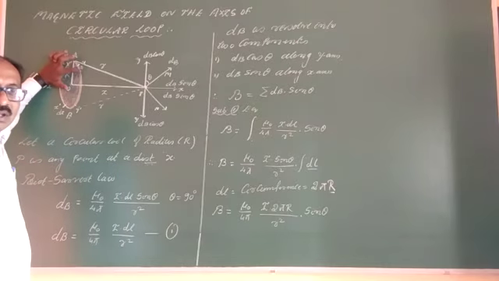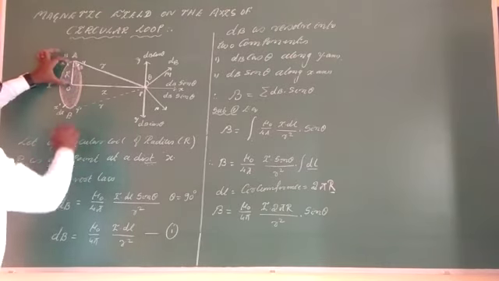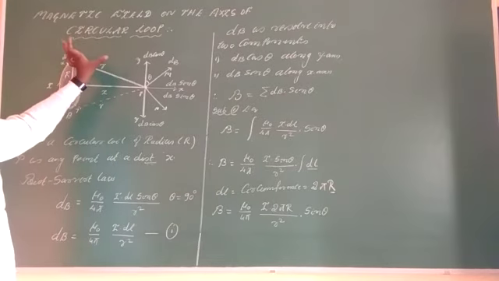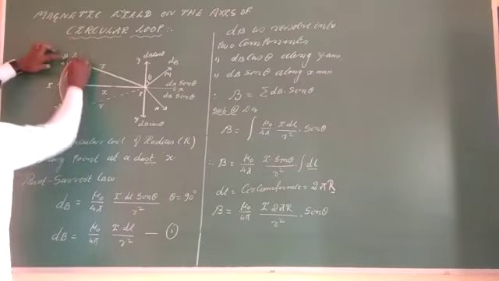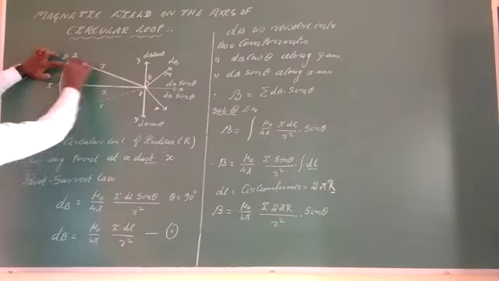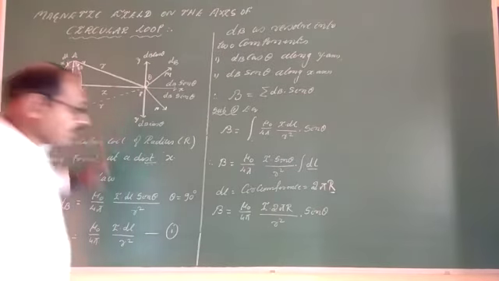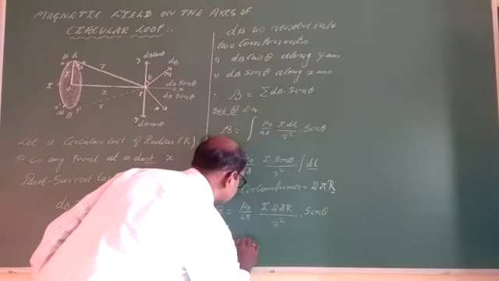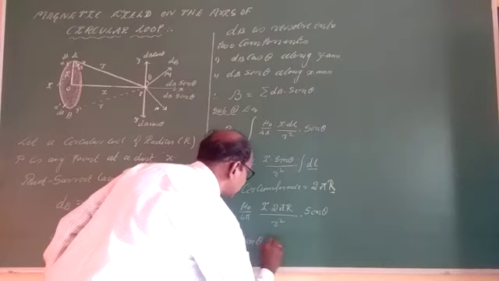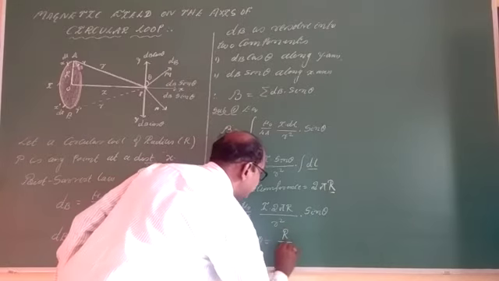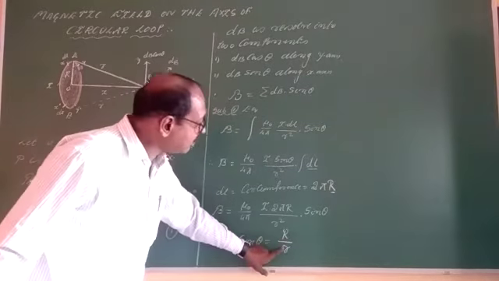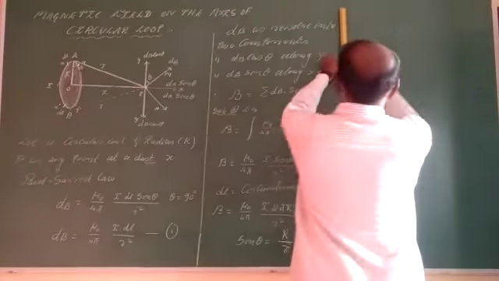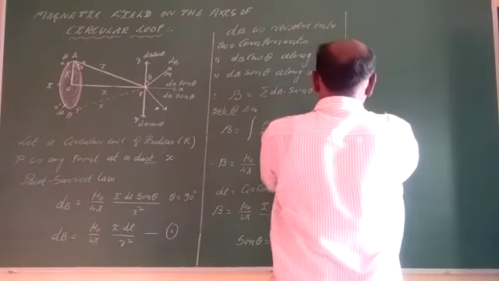Sin theta is the perpendicular side divided by the hypotenuse of this triangle. Therefore, sin theta is equal to radius R divided by r. Let us substitute for this.